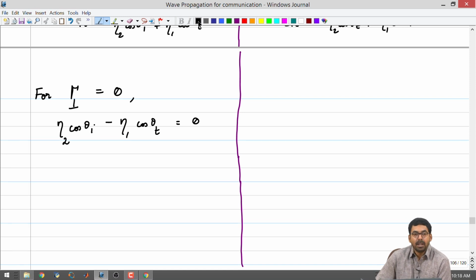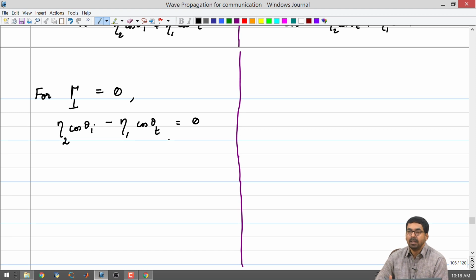Now, we already know that theta t is dependent upon theta I, and the way theta t is dependent upon theta I is given by Snell's law, n1 sin theta I is equal to n2 sin theta t, which means that for given material configurations with intrinsic impedances eta 1 and eta 2, it may be possible for us to adjust the angle theta I in such a way that eta 2 cos theta I becomes equal to eta 1 cos theta t.